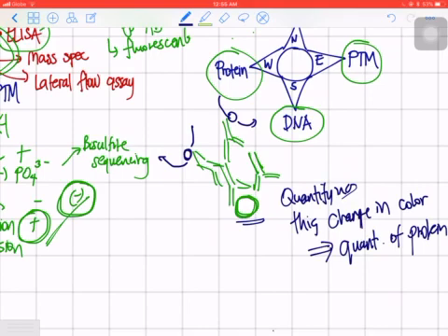So there's a lot of different proteins, and you can have primary antibodies sticking here to the protein, and it has multiple epitopes for a secondary antibody that's conjugated to an enzyme or a fluorophore.